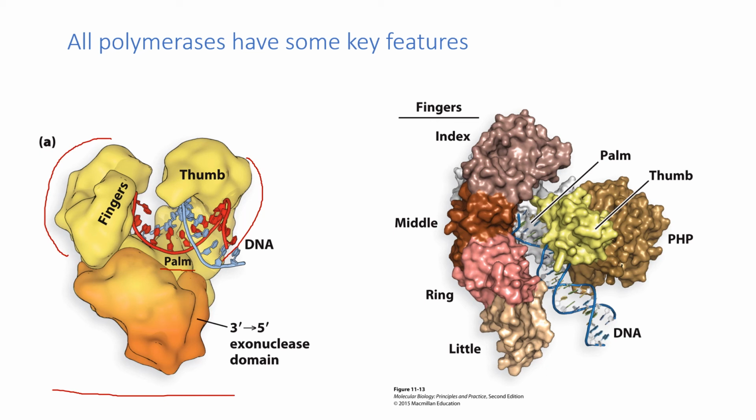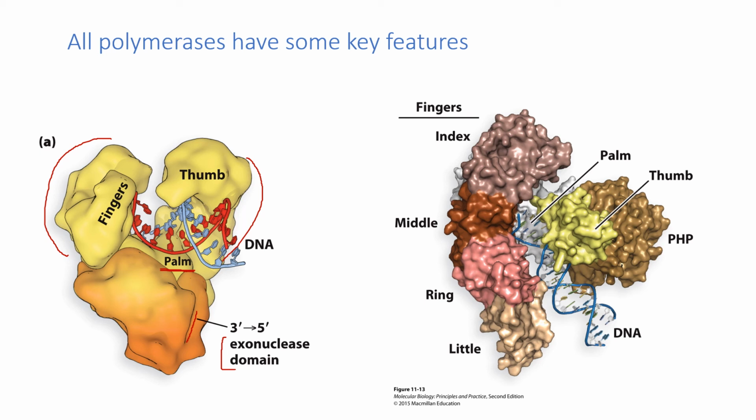The active site down here in the palm is pretty much in the middle of the clenched fist once the fingers and thumb close down on the palm. Then down here, I think of this, rightly or wrongly, as that little space at the base of your palm going down to your wrist. That's where the exonuclease domain is, which is critical for proofreading. If the wrong nucleotide gets added, it gets snipped out by the exonuclease, giving the opportunity for the polymerase to put in the correct nucleotide.